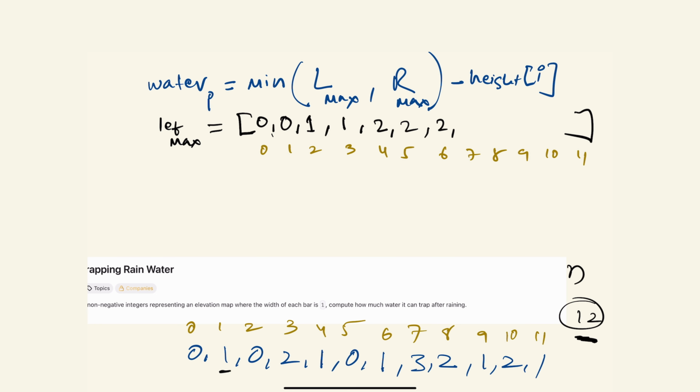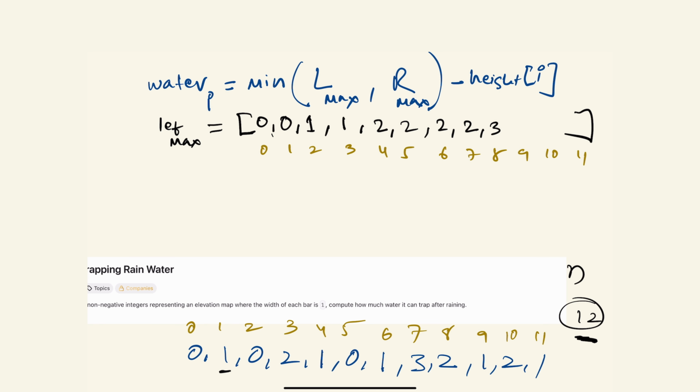On the seventh position, still the max is 2. I am storing the same here, but on the eighth position the max is no more 2, it is going to be 3. So when I come to the 8th index wall, the max will be 3.